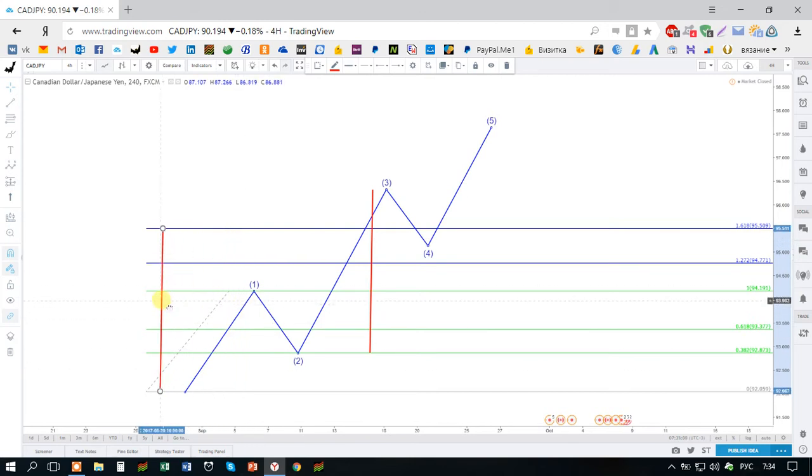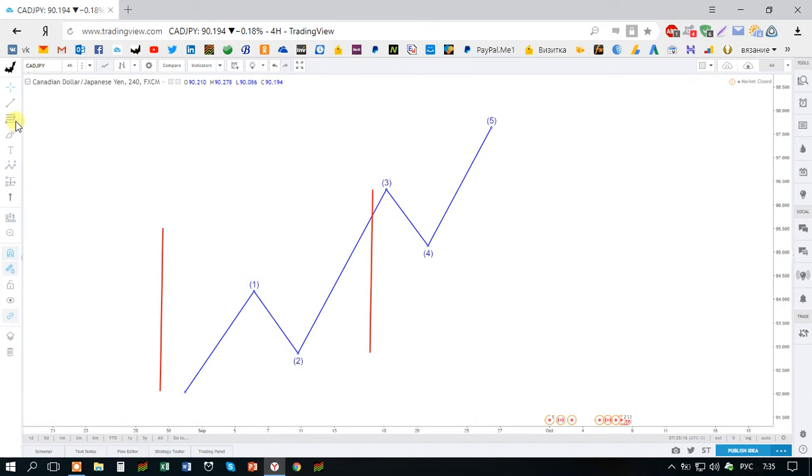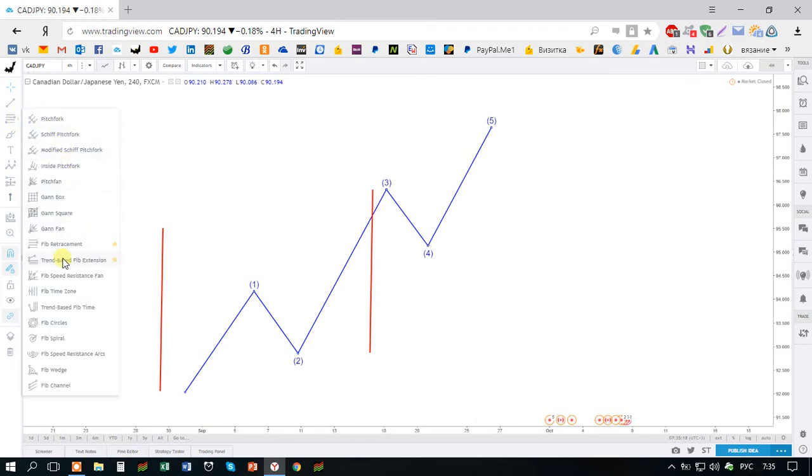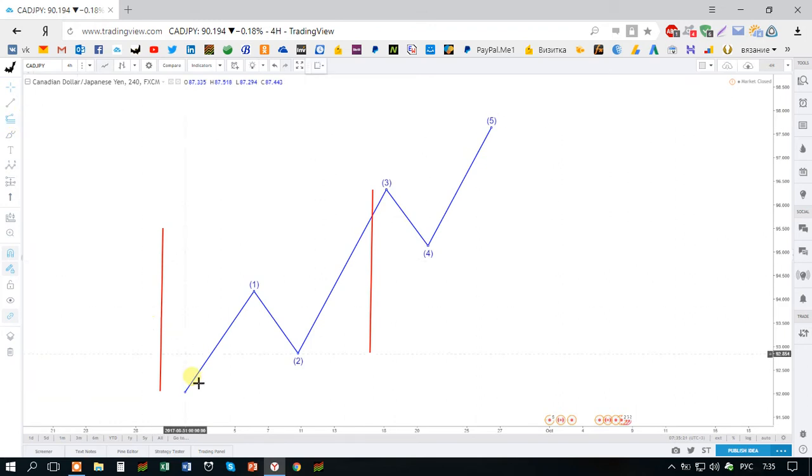It is the measurement that is called extension, but we want the measurement that is called trend-based extension. So trend-based extension is a bit different. To measure that, I would use another tool, and it is called trend-based Fib extension.